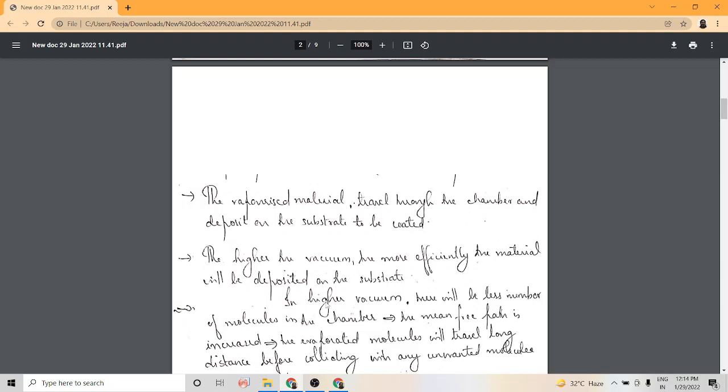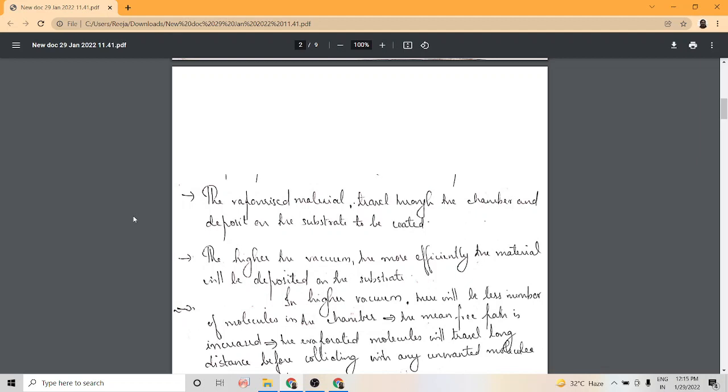So, the higher the vacuum, the smaller the number of unwanted molecules in the chamber, that is, fewer air molecules in the chamber. So, the mean free path of the vapor atoms is increased. That is, when the material gets vaporized, it forms vapor atoms, and what is mean free path?